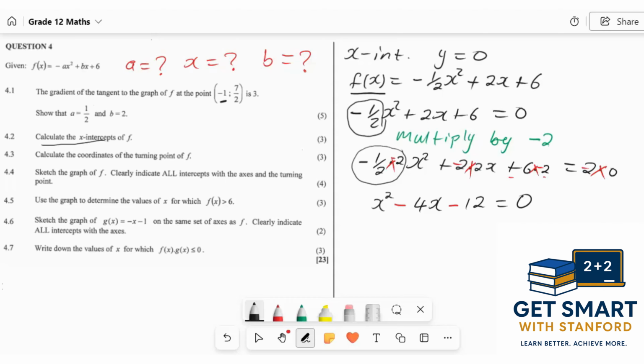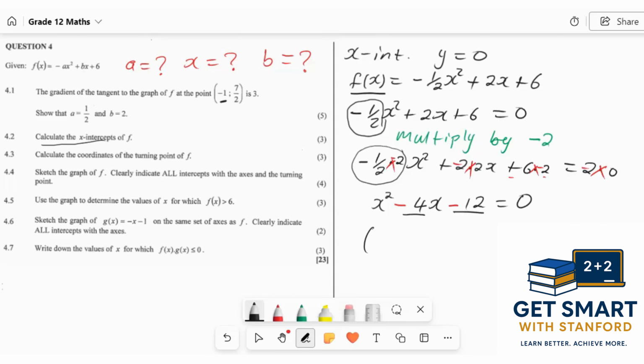Factorizing this, you already know from your grade 10 how to factorize. We'll need to get the factors that will give us a product of minus 12 when multiplied and give us minus 4 when added. So what are those values?